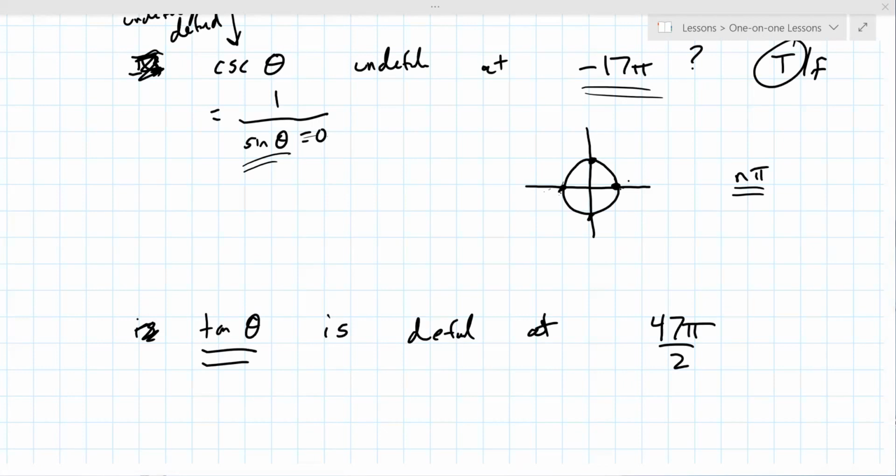Cosine is the x coordinate, and that's 0 here, so it's undefined. So this would be false. You could ask this for any of the trig functions. They're pretty straightforward true or false questions.